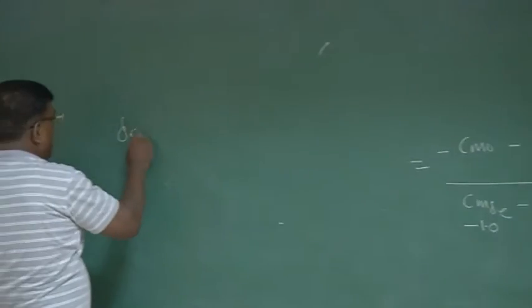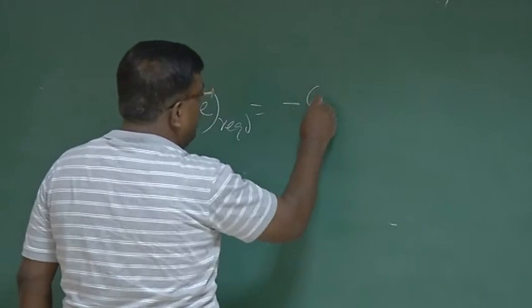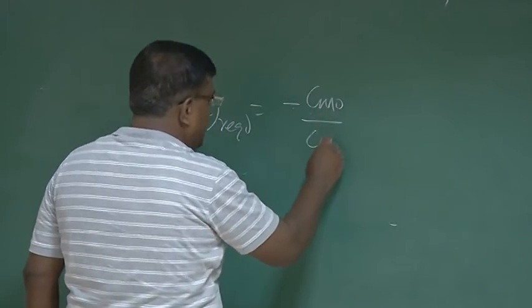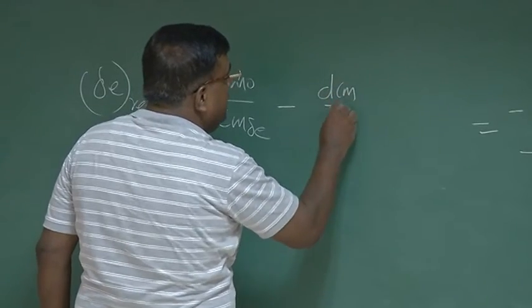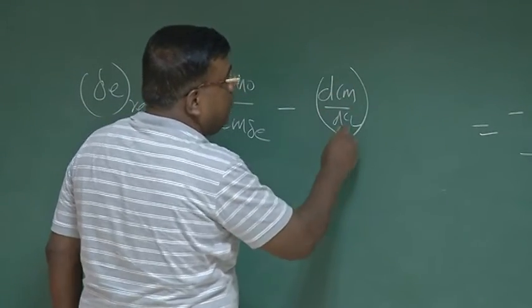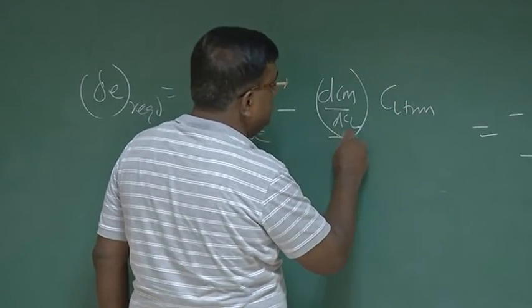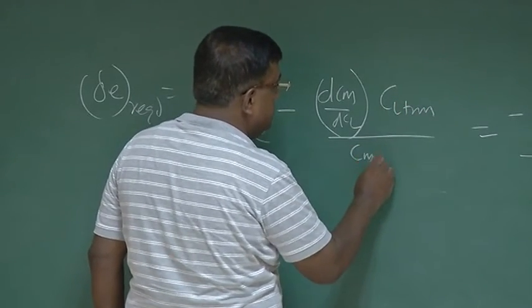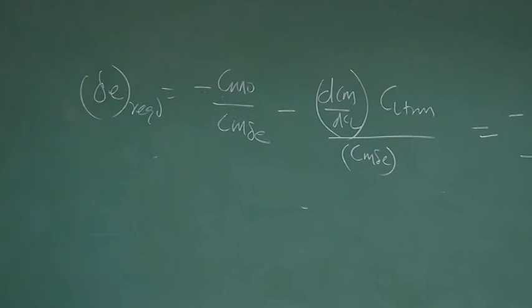So I have delta E required equal to minus Cm naught by Cm delta E minus dCm by dCL, Cm alpha by CL alpha, which we are expert on now. Is it clear?